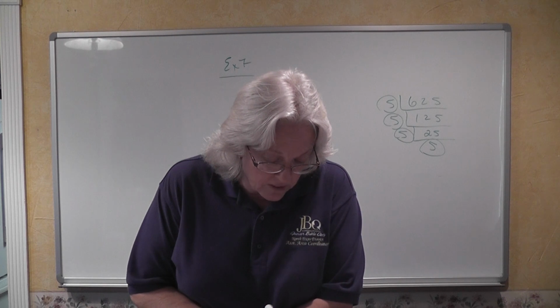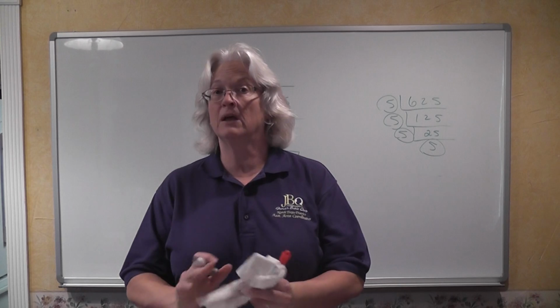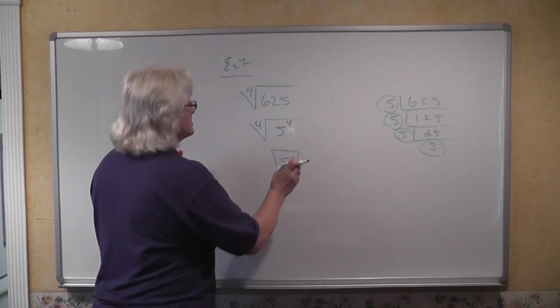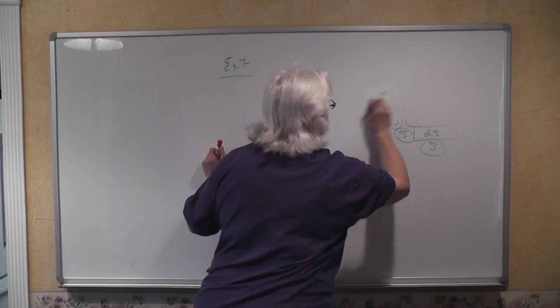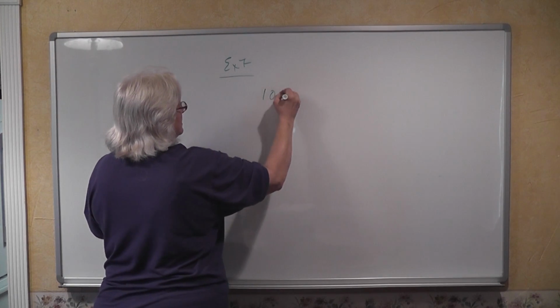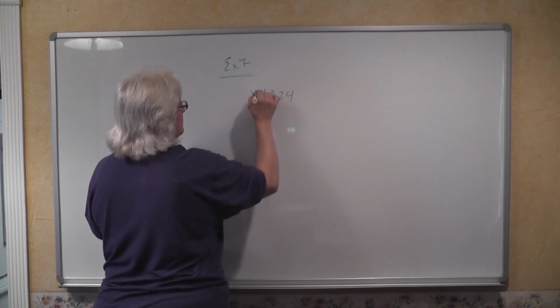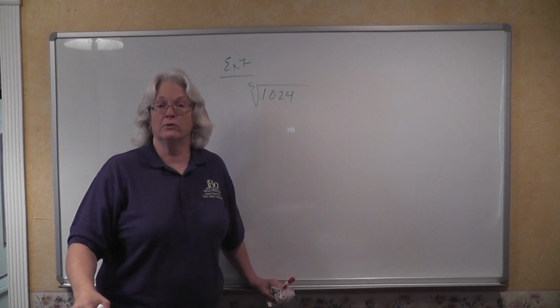Now let's look for the fifth. Okay, example 8 says find the fifth root of 1024. Just play around with these. Don't let them suck you into thinking you've got a hard problem going on here. 1024. And we want to have the fifth root of that.